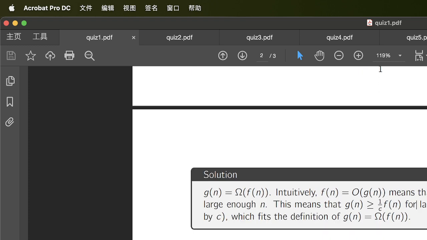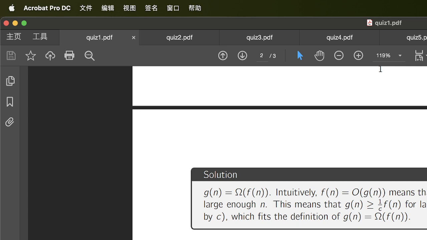Okay, number 5, what is the smallest exponent x such that we can get this? Okay, so it's another problem to figure out what is the big O notation of this function, right?